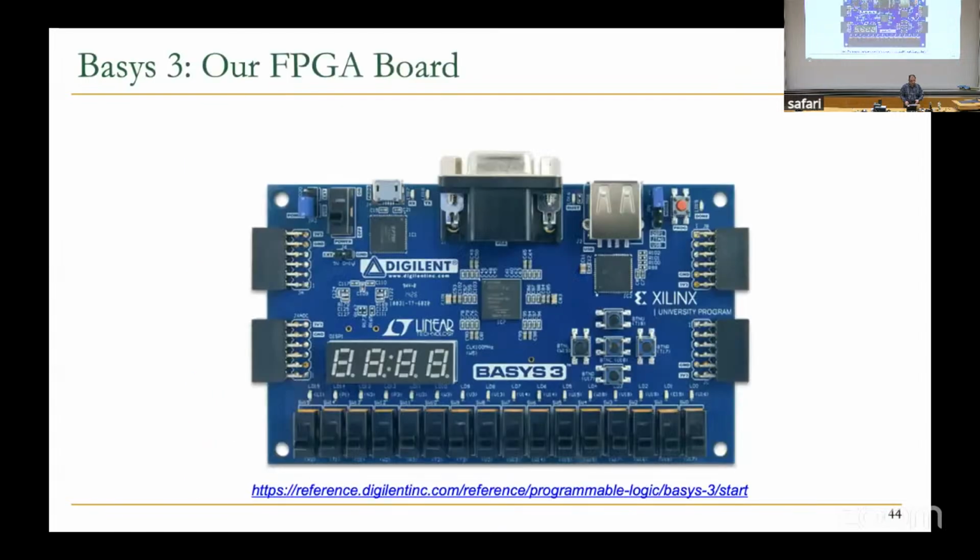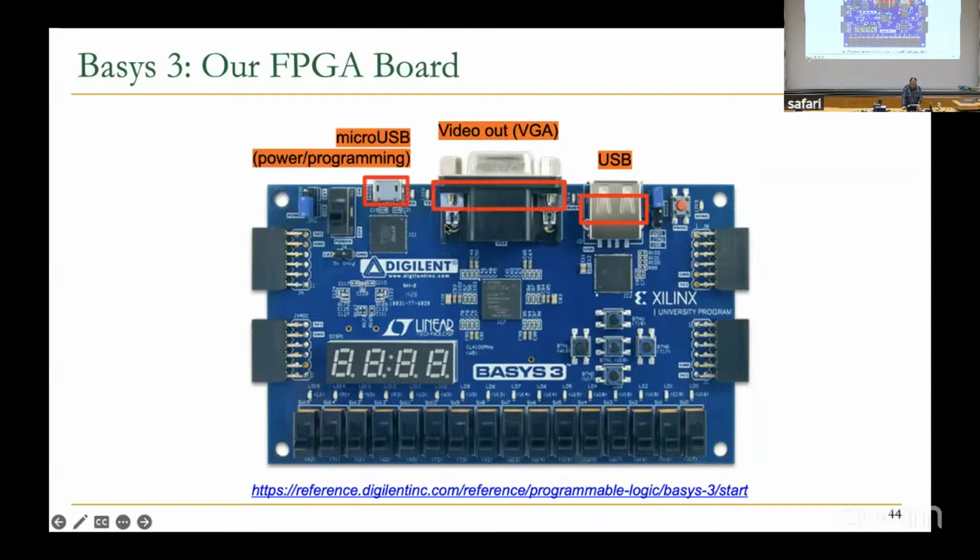Good. So this is our FPGA board, the Basys 3. This is actually not a bad board. It's quite capable, but of course it's not as capable as the modern FPGAs that people use. But you can learn a lot of fundamental things about FPGAs. There is a lot going on on this board. You have USB connection, video out, VGA, micro USB, a power switch, 7-segment displays, and a lot of LEDs.